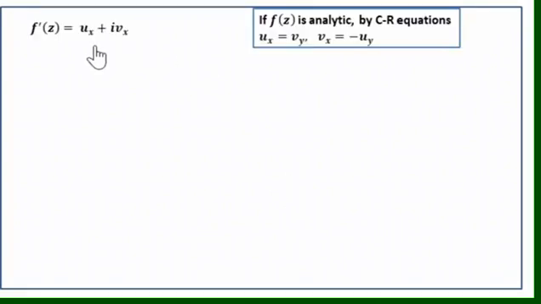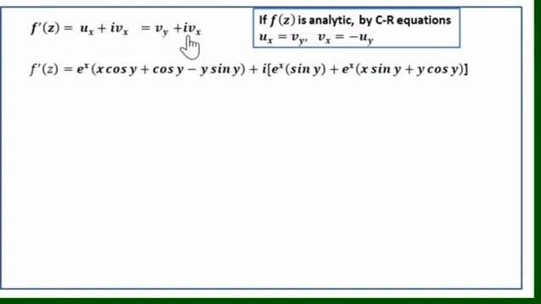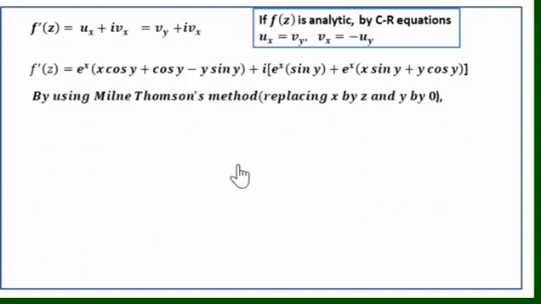So first write f dash of z equal to ux plus i vx, then replace ux by vy. So we get f dash of z equal to vy plus i vx. Substitute for vx and vy. Then to make this a function of z, we use the Milne-Thomson method: replace x by z and y by 0.